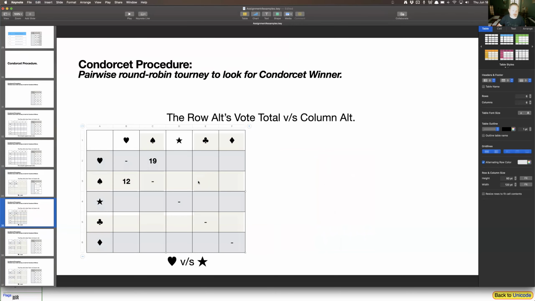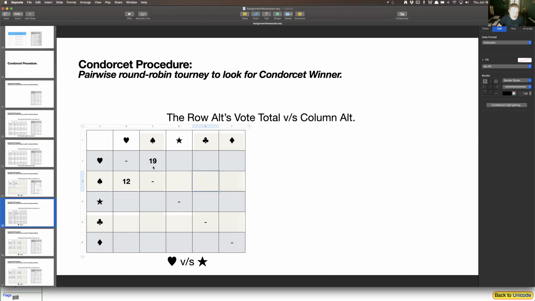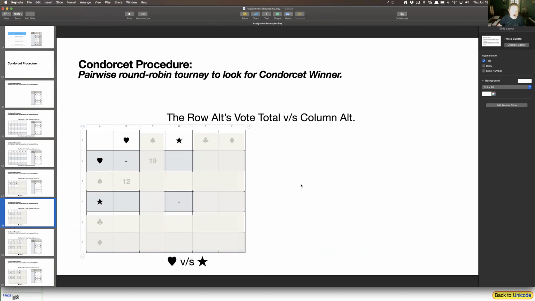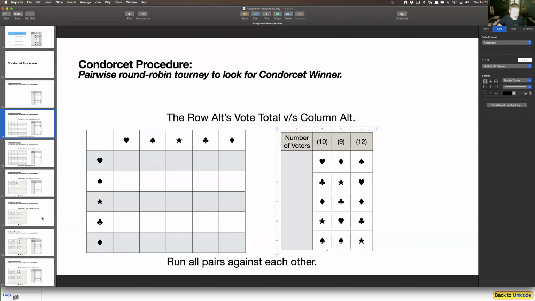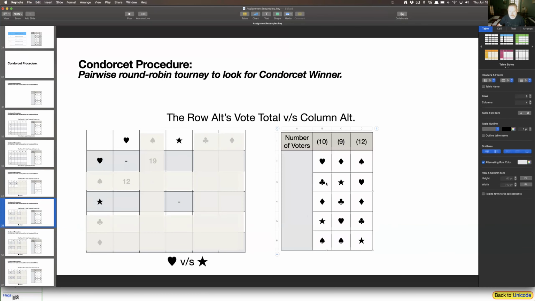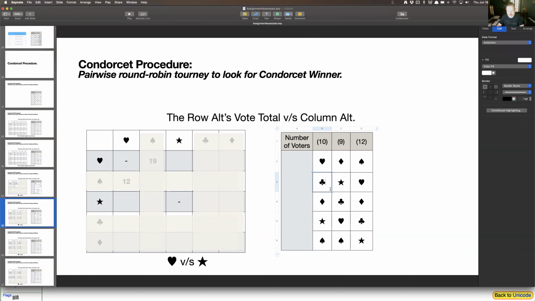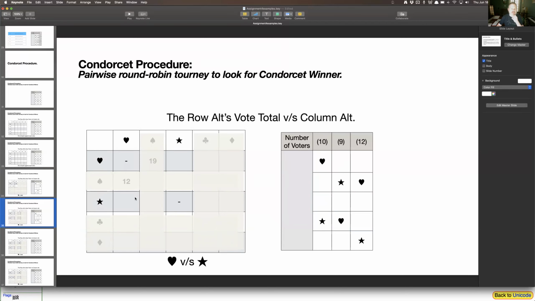All right, so now hearts against stars. Hearts gets 10, none from them, and 12 over here. So that's 22 for hearts against stars.